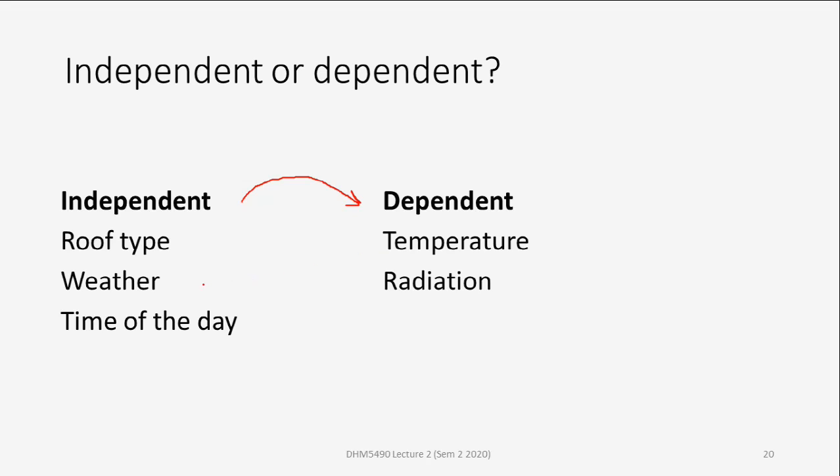But if I choose to measure the temperature in sunny and cloudy weather, and I find that no matter it is sunny or cloudy, the temperature stays the same, that means the independence variable weather is not having a significant effect on temperature. So the magnitude of the change in the dependence variable relative to the change in independence variable will be of research interest.